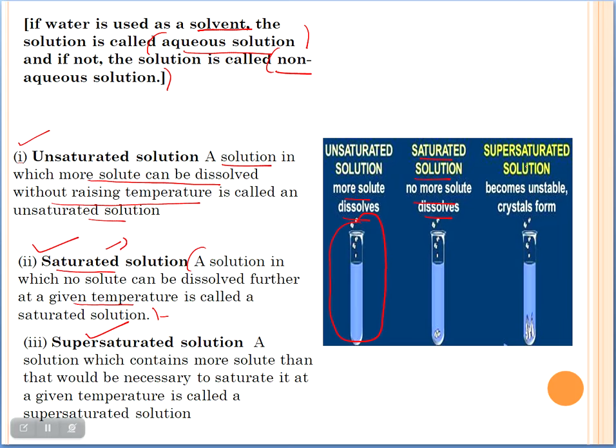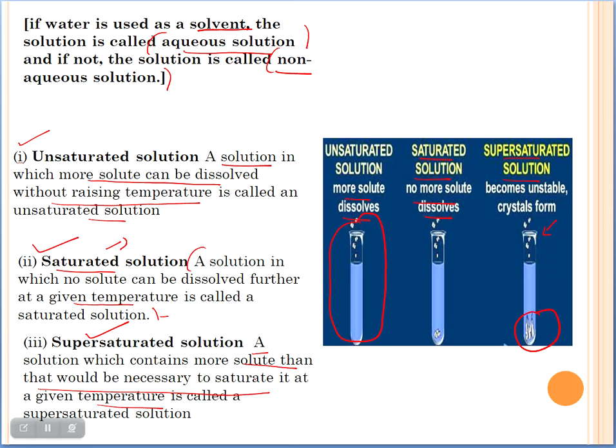The third one is the supersaturated solution. The amount of solute dissolved is more than would be necessary to saturate it at a given temperature. Solute is there already, but more solute is added, and it will form a crystal-like structure.